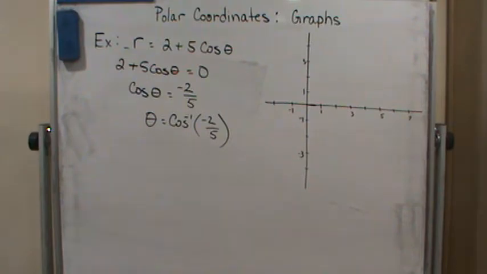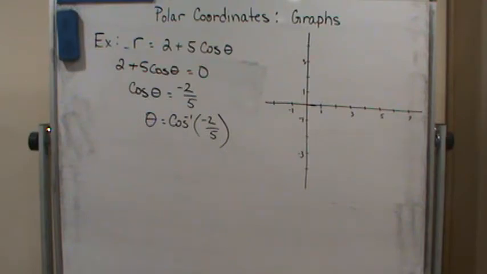Inverse cosine of negative 2 divided by 5 gives 113.57 degrees, I believe. Let me just double check. Yes.